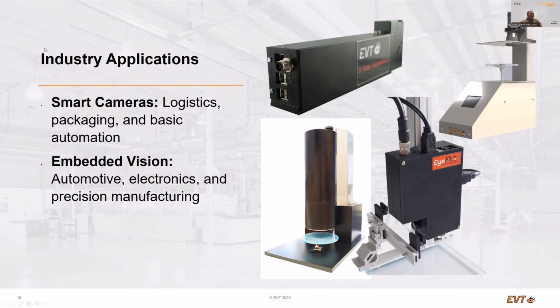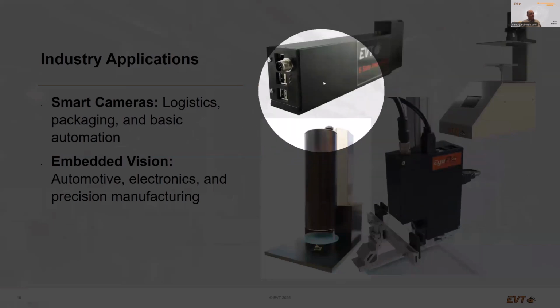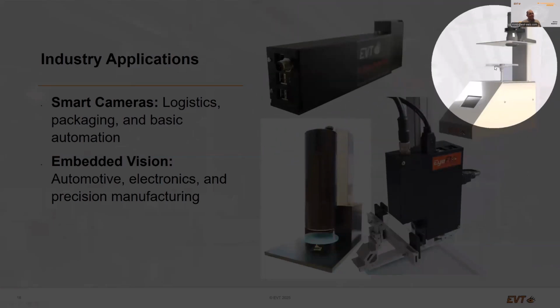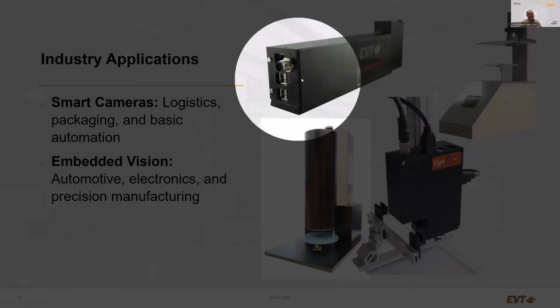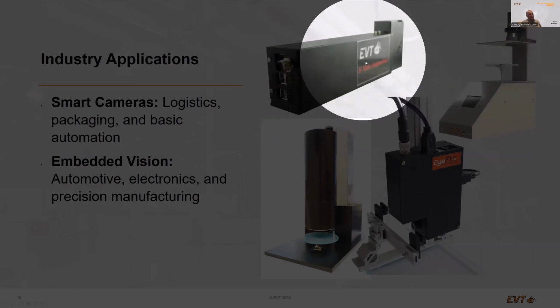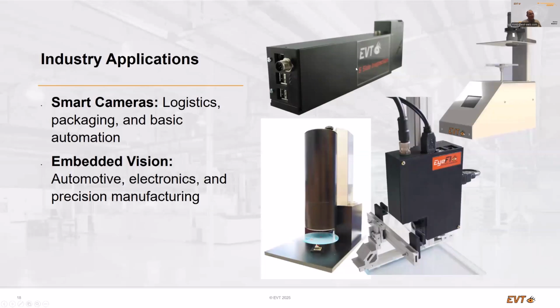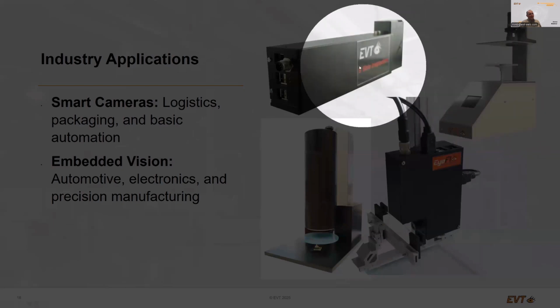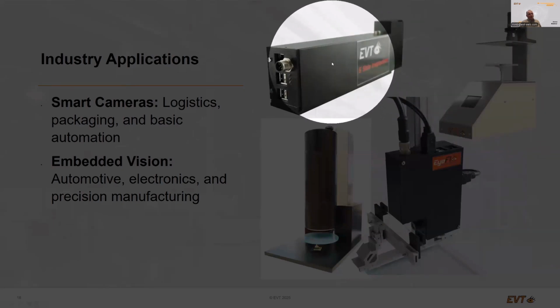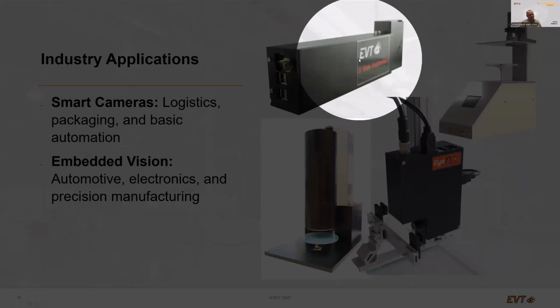If we look at these four systems here from the semiconductor industry, this is a particle inspection for the semiconductor industry. This is a five-side inspection for the semiconductor industry. Inside of this housing and of this housing, there is an ARM CPU with a MIPI camera.